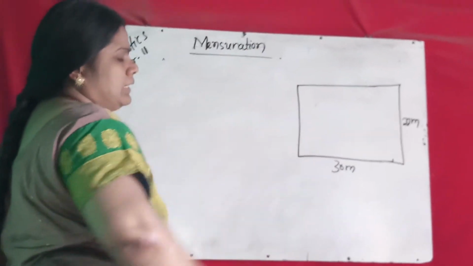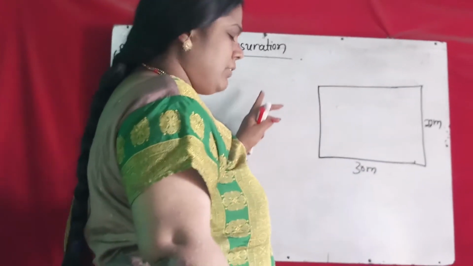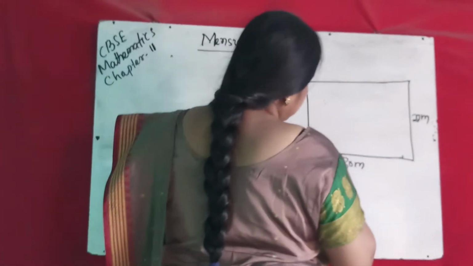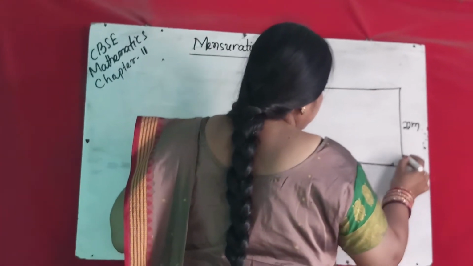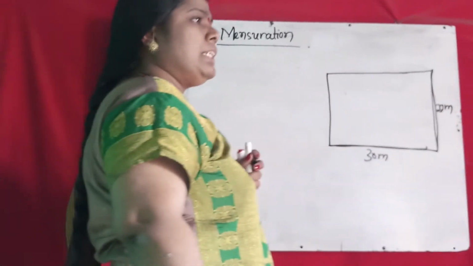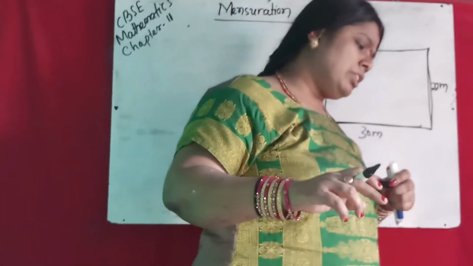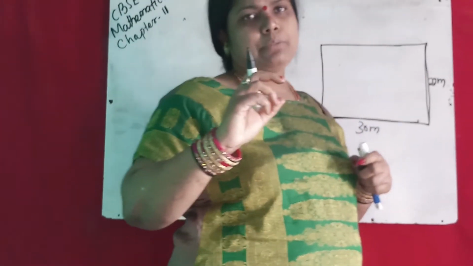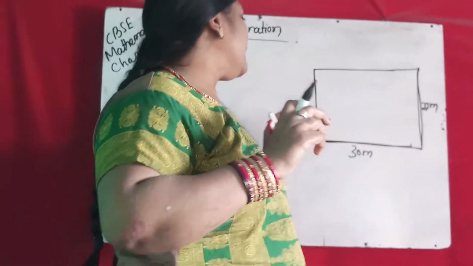Now one example related to this. Suppose it is a garden, a field, whose length is 30 meter and breadth is 20 meter. What is the total length of fencing?